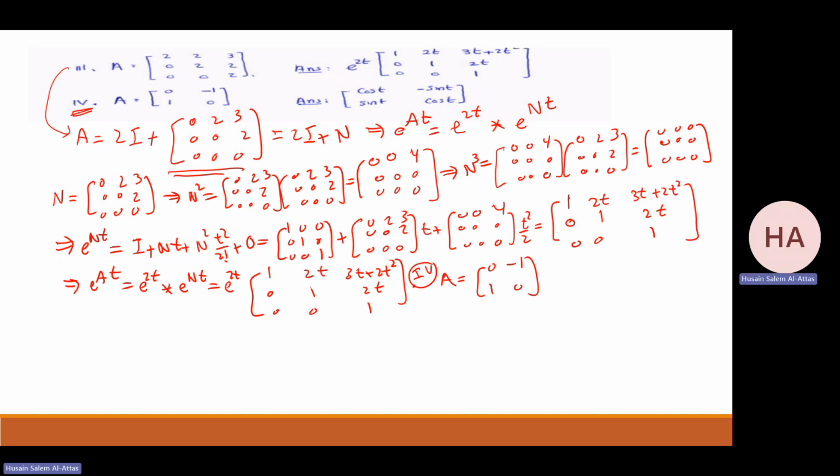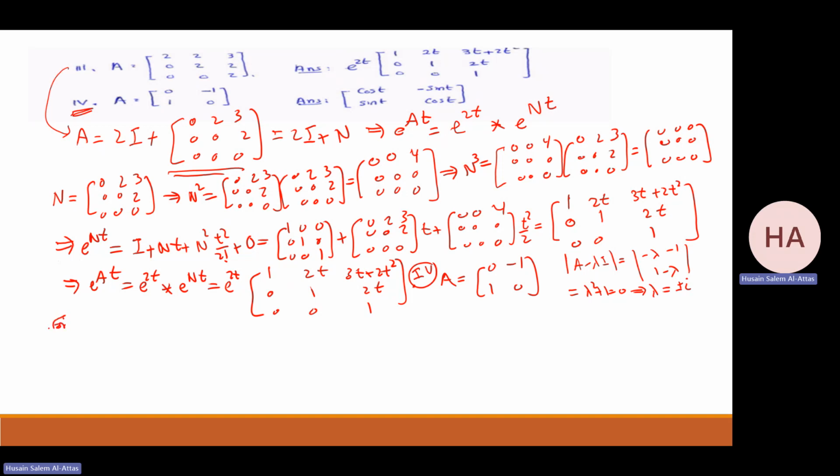You can do it through the expansion, I would say, but it's a little bit hard. I can do it as a fundamental matrix. So let me find the eigenvalues. A minus lambda I. That will be lambda squared plus 1 equals 0. So lambda equals plus or minus i.